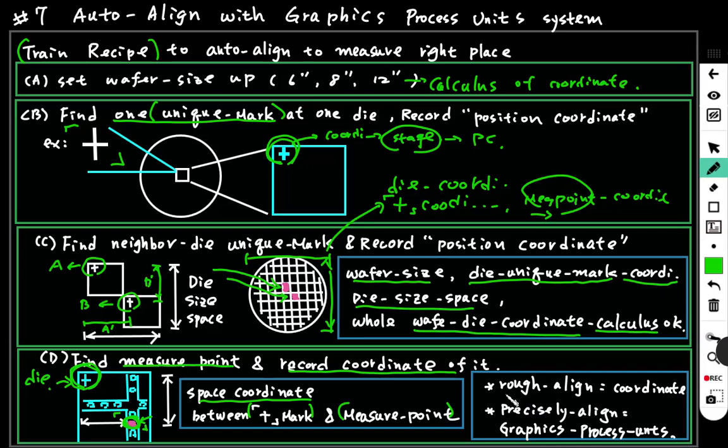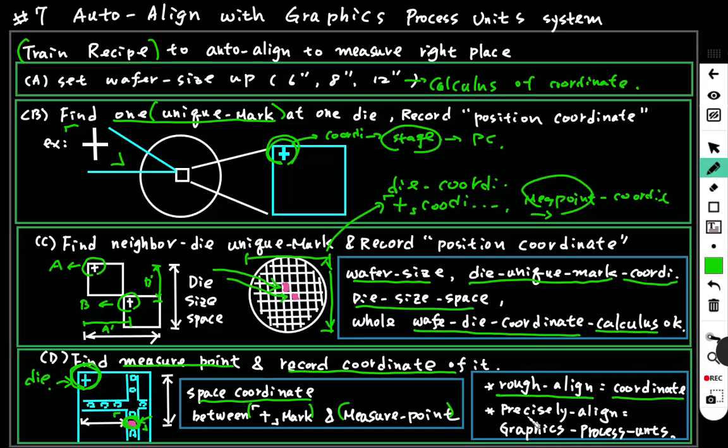And remember that the rough align means that equipment uses the stage movement to bring the wafer measure point to the measure position by the coordinate.